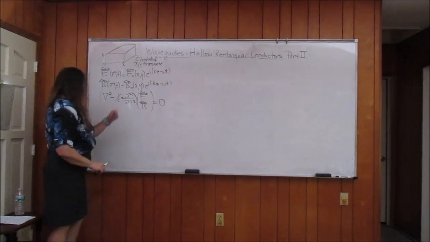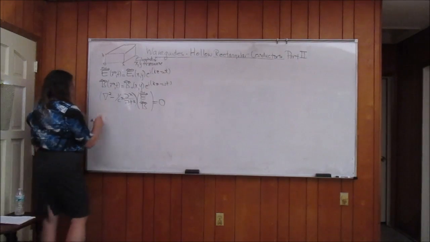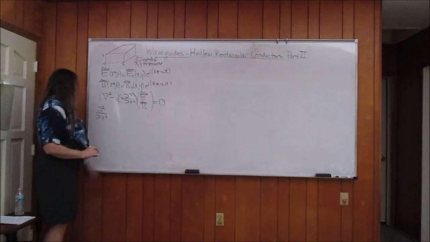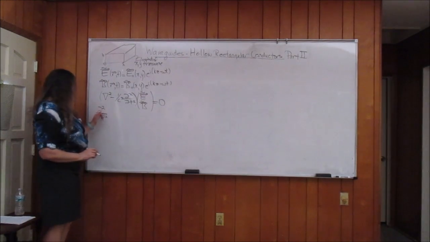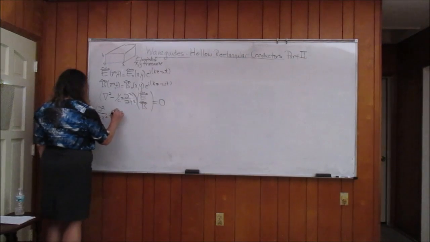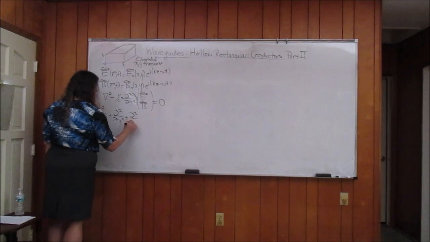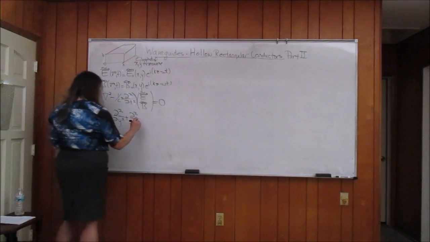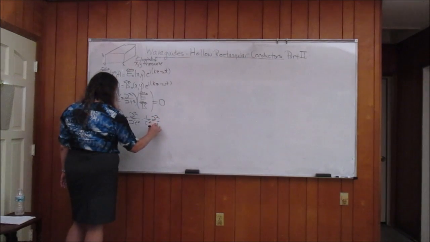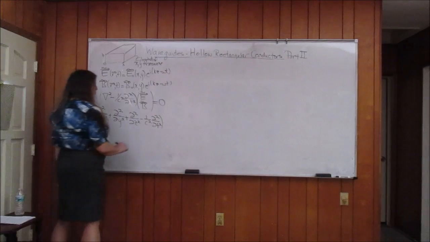And since we're working with a rectangular system, we're going to break this down into Cartesian components. So this is the second partial derivative with respect to x, plus second partial derivative with respect to y, plus second partial derivative with respect to z, minus 1 over c squared, the second partial derivative with respect to time.